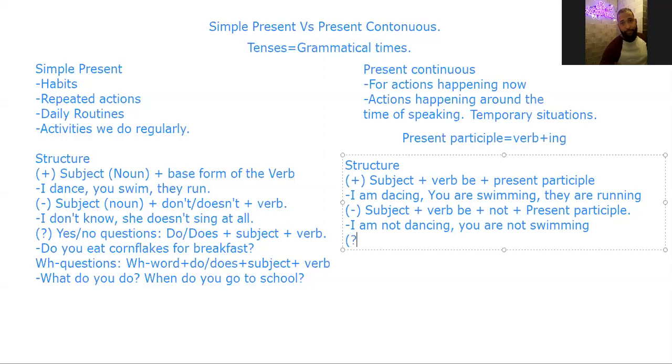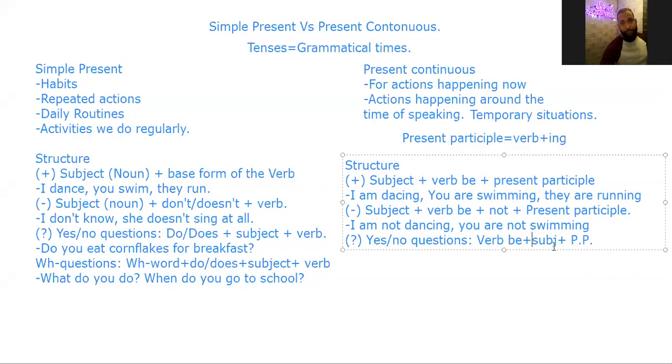And in questions, as you know, we have two different types of questions. We have yes or no questions, and we have the WH questions. So the yes or no questions go like this. Verb be, subject, present participle. Let's call it PP for now, but I need the space.